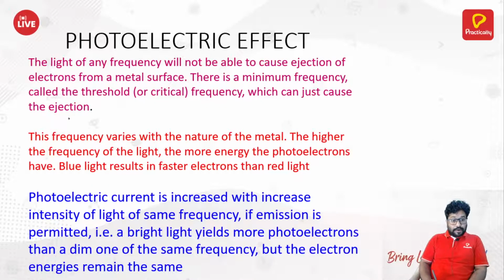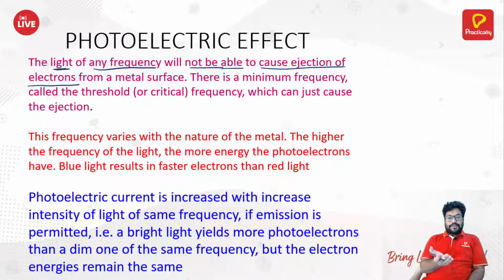This is the most important part now. You will understand the effect in much more detail here. Light of any frequency will not be able to cause the ejection of electrons. It is not that if you irradiate the metal surface with any frequency, electrons will start coming out of it. You should have light of a certain frequency.